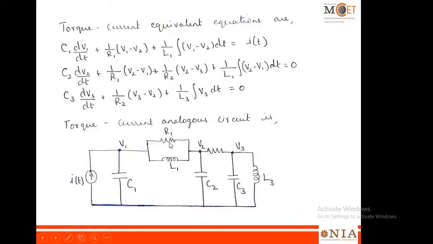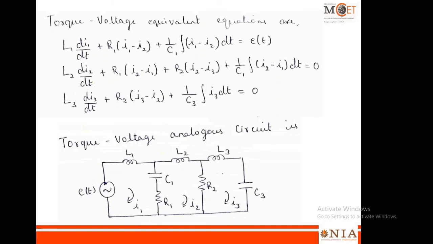So we have taken R1 and L1 between V1 and V2, and current is only given to node 1. And here also you can see between V2 and V3 there is an element R2. So this is actually R2. Likewise, you complete the entire circuit. The circuit will satisfy these three equations. So you can straightly come from the mechanical rotational system also.